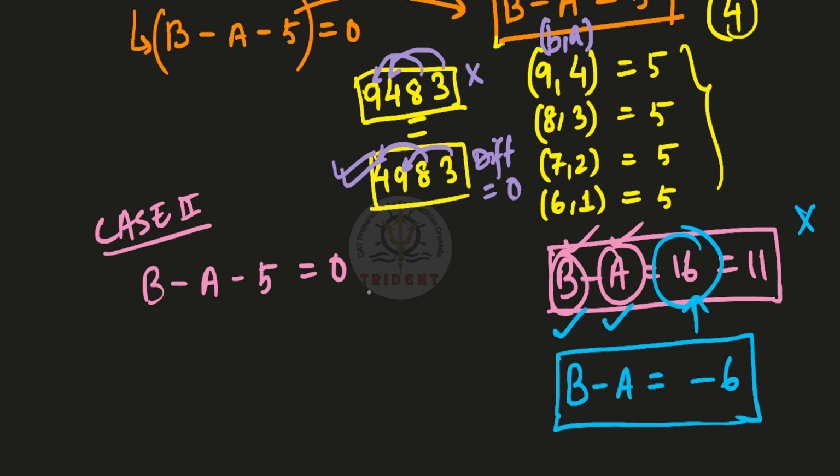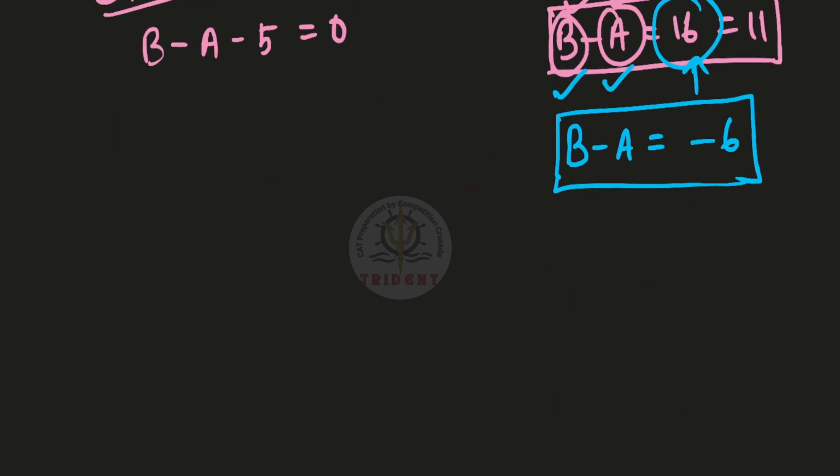Again, we have to remember a very simple idea, and that idea is that the number that we are forming is of the form AB83, of which these are the alternate numbers that we need to check. So for b minus a is equals to 6, all I need to care about is 9 and 3.